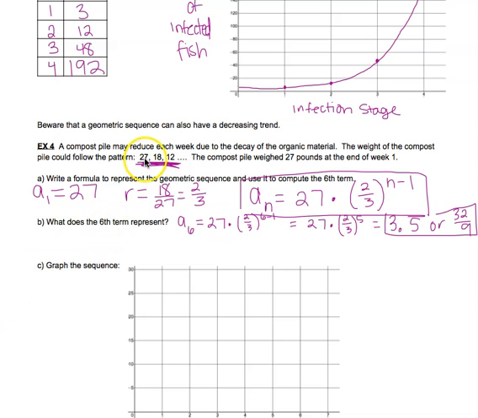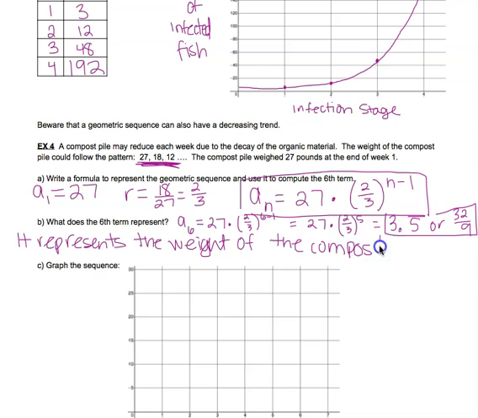6th term, so 1, 2, 3, 4, 5, 6. This is what it would be. It represents at the end of week 6. So the 6th term represents the weight of the compost pile at the end of week 6.